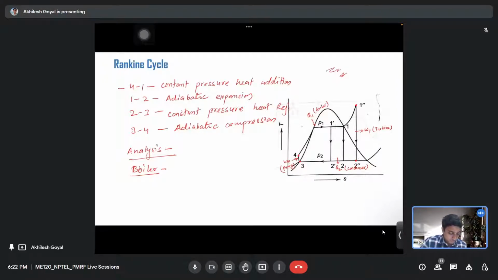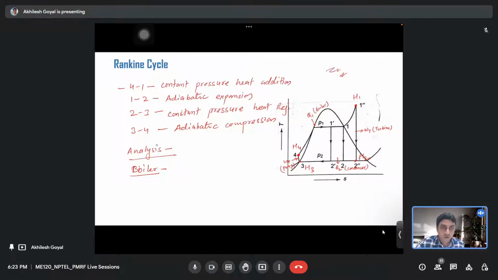Okay, so in the boiler, water is going from point 4 to point 1, and let's assume the enthalpy of water at point 1 is H1, at point 4 is H4, at point 2 is H2, and at point 3 is H3.